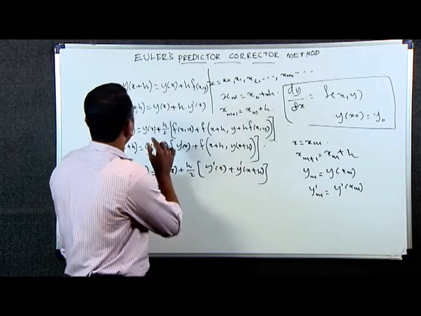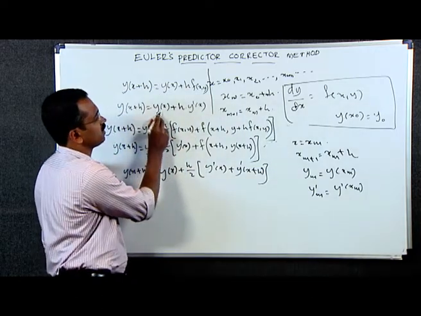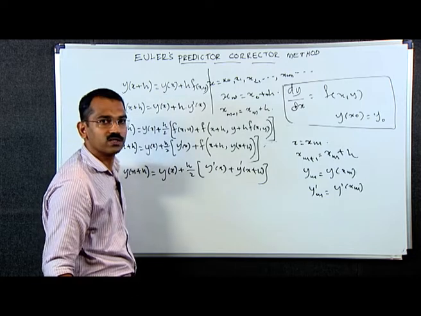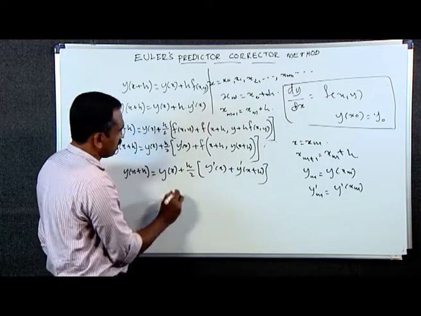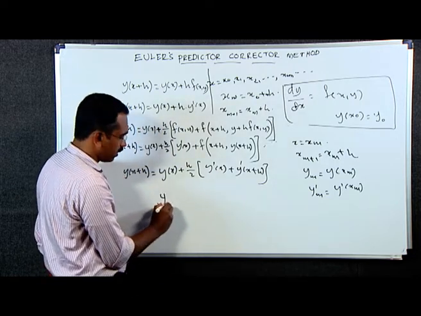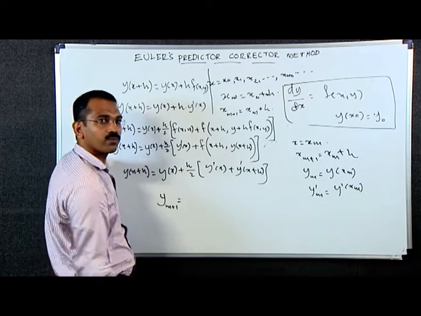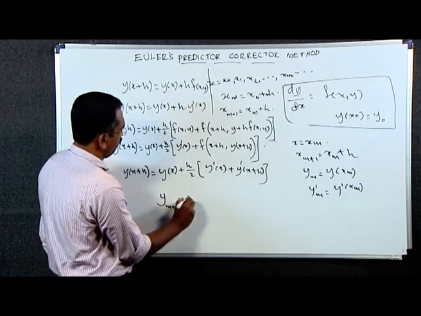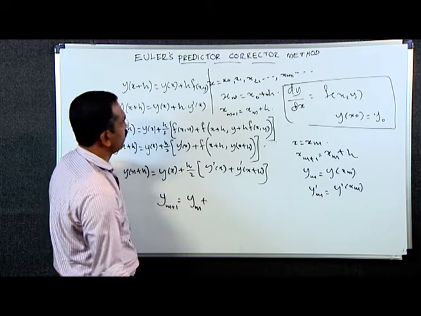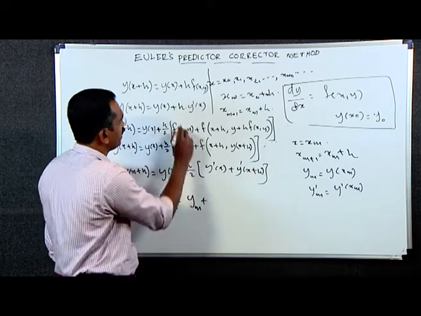Therefore, we can write y of x plus h is equal to y of x plus h into y dash of x, which can be written as ym plus 1 is equal to ym plus h into y dash m.